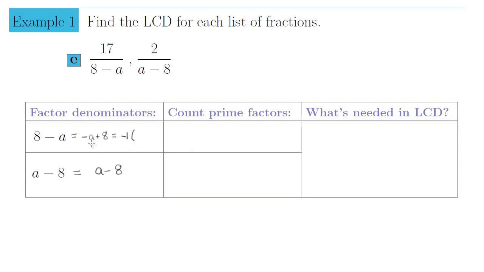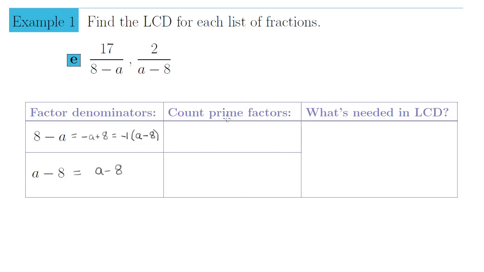And when you take out a factor of negative 1 from negative a plus 8, it leaves you with a minus 8 inside the parentheses. Let's check it out. Negative 1 times a is negative a. Negative 1 times negative 8 is positive 8. So I'm going to factor 8 minus a as negative 1 times a minus 8.